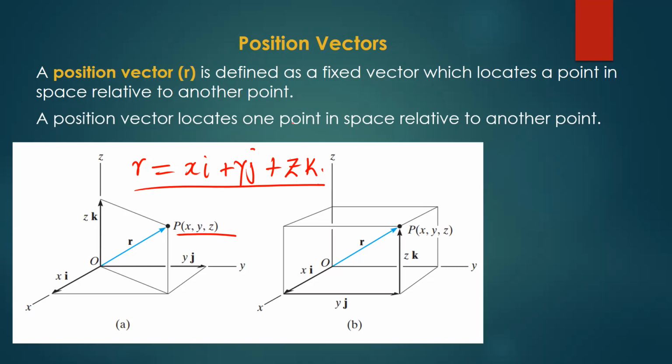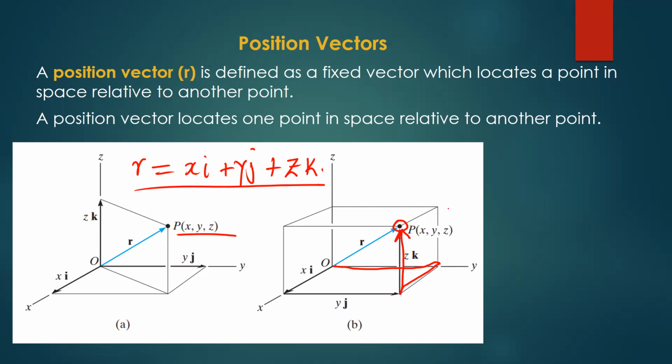So if you want to calculate the position vector, in case you've been given the values of X, Y, and Z for a given point, you can locate this point in space by first going this way, then like this, and then that way.